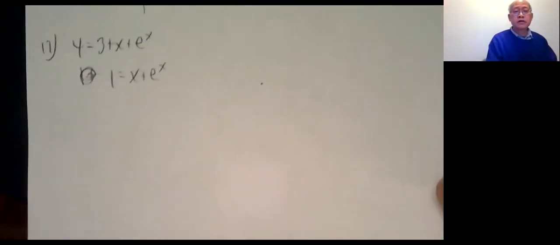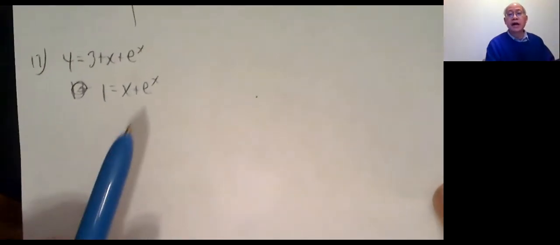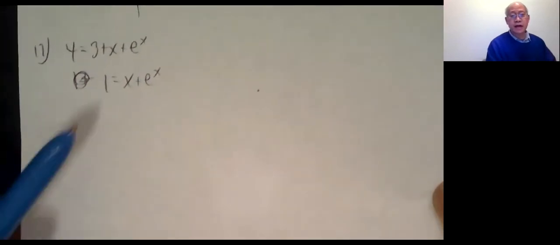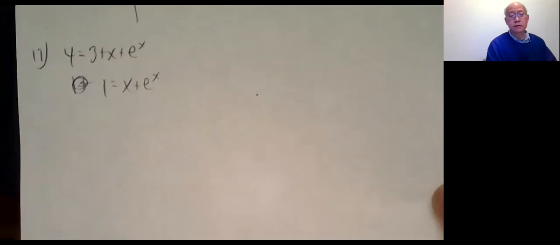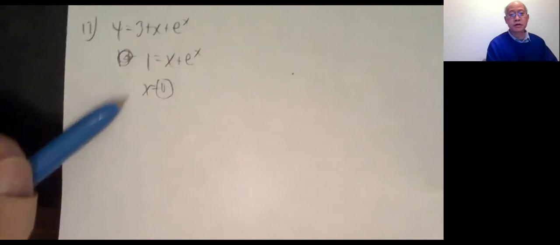All right. It turns out there's no easy way to solve equations like this. However, fortunately, it's pretty easy to guess. Can you guess a number that would make this work? Guess a real easy number. 0, right? 0 works. So the answer is 0. 0 plus e to the 0 is 0 plus 1 is 1.